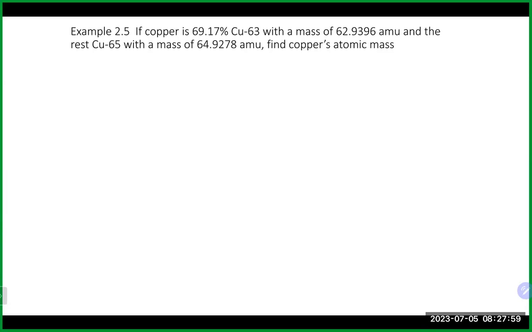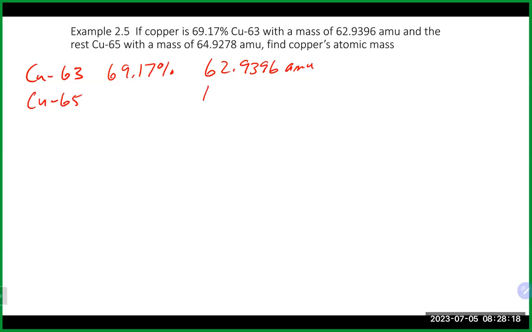So we really have 2 isotopes of copper here. We've got copper 63. It has a percentage of 69.17% and has an atomic mass of 62.9396 AMU. We also have copper 65, and it has a mass of 64.9278 AMU.